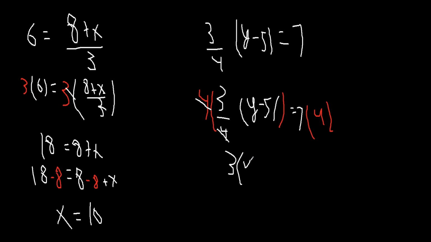So we get 3 times y minus 5 equals 28, because that's 7 times 4. So 3y minus 5 is 3y minus 15, and that equals 28.